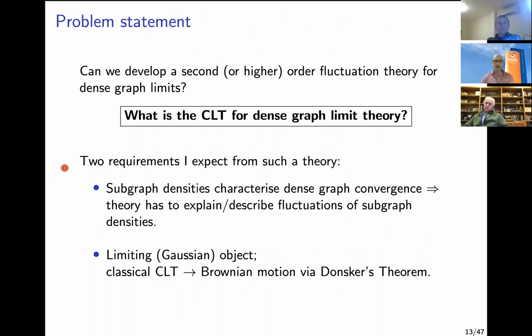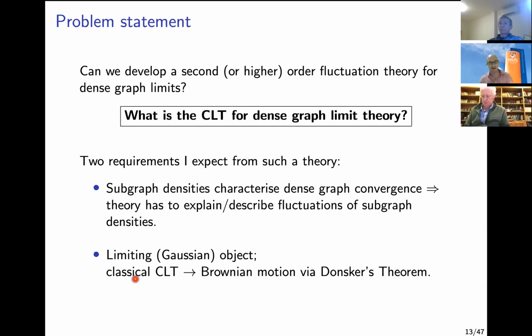Two things I would expect from such a theory, which I've written down here. Number one, since subgraph densities characterize this convergence, in the dense regime everything can be expressed in terms of these subgraph densities. So they capture everything that needs to be known about these limits. Since that's the case, I expect that this theory also explains all the fluctuations of these subgraph densities. And moreover, there should be a limiting Gaussian object, ideally, in analogy to the classical central limit theorem.